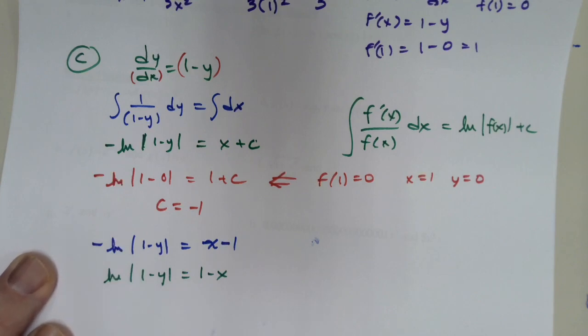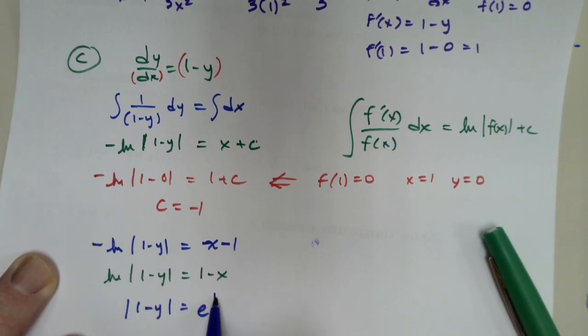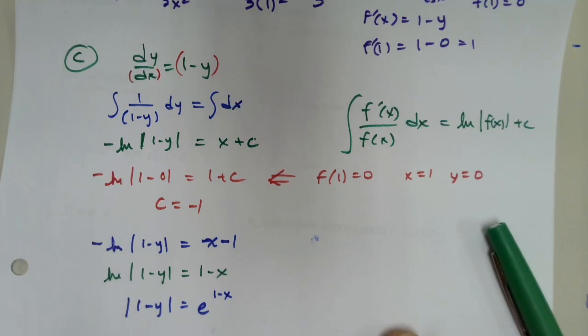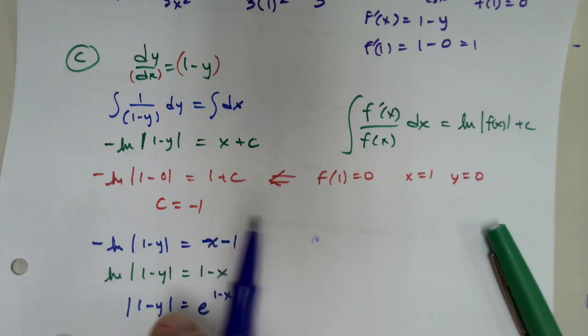Of course, to get rid of the natural log, we have to take this and raise it to the power of e, which will bring this down to the absolute value of 1 minus y equals e to the quantity of 1 minus x. Then, looking at this, this, of course, is just going to be a positive number.